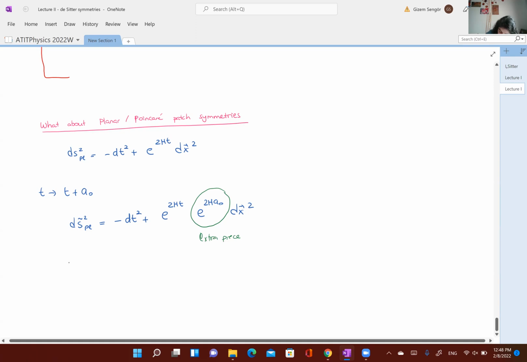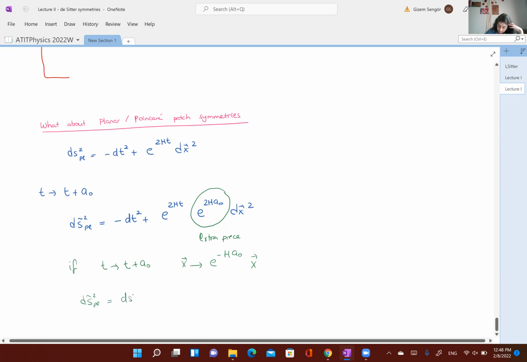But if, as you do this time translation, you also send the spatial coordinates through the following transformation, so you just multiply them by some constant, then the whole thing remains invariant.